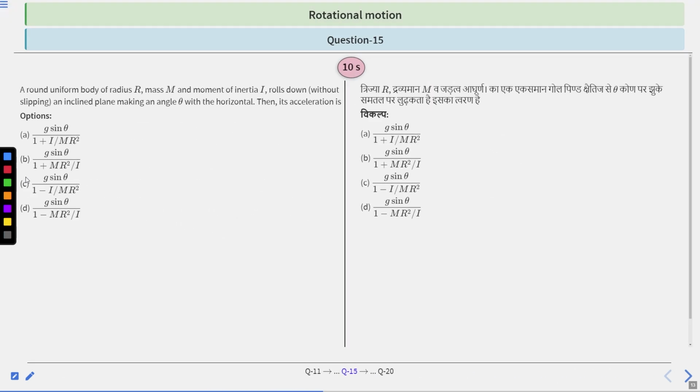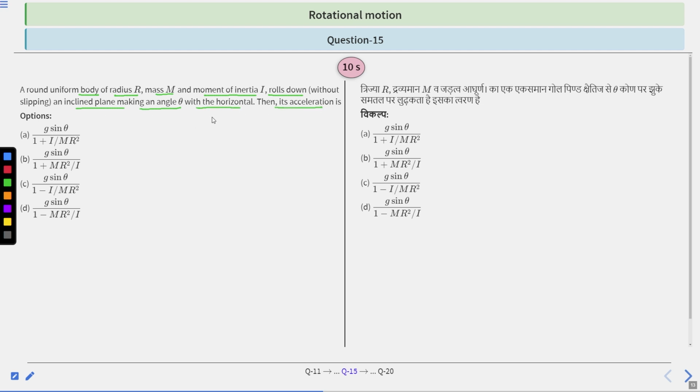Question 15. A round uniform body of radius r, mass m, and moment of inertia I rolls down without slipping an inclined plane making an angle theta with the horizontal, then its acceleration is what?